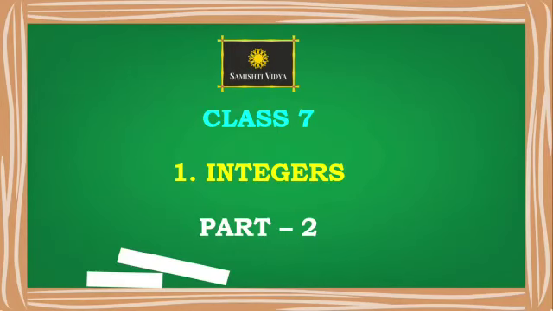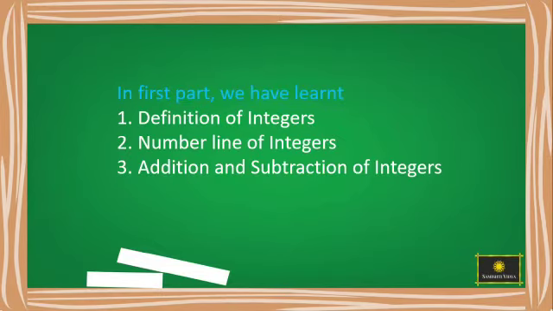You have gone through the first part and you have learnt about definition of integers, number line of integers, addition and subtraction of integers, and absolute value of an integer.